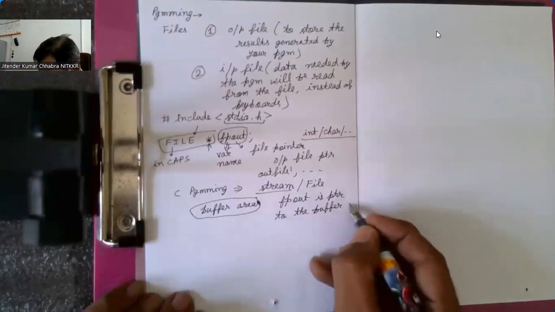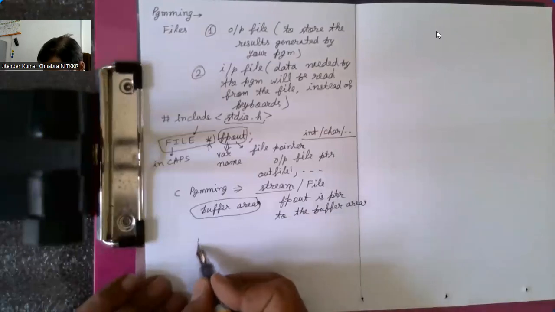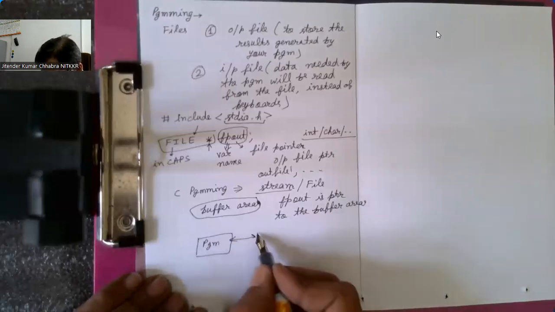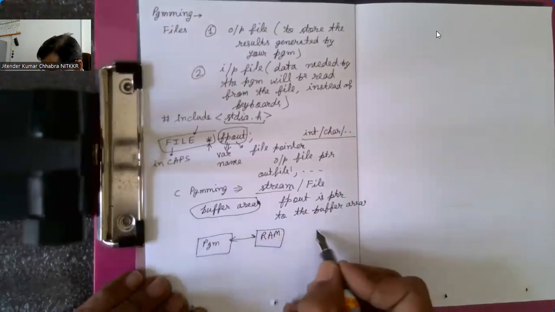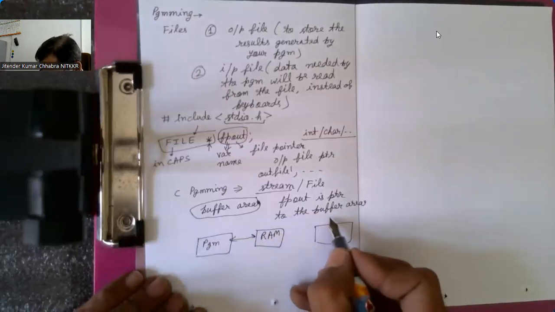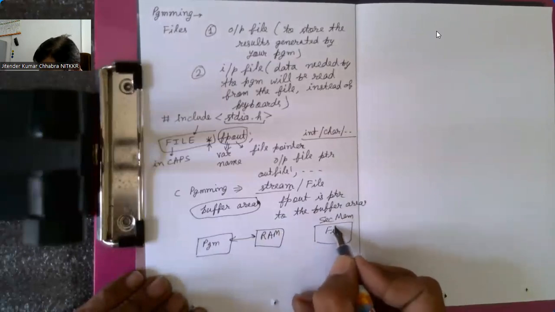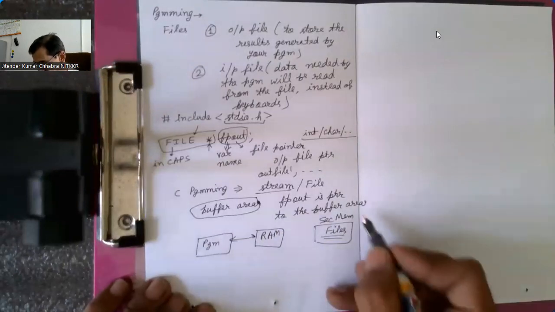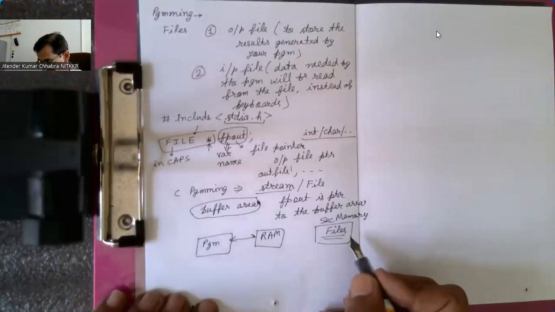And why is buffer area being discussed, although at your level, not much of a difference. But what I say is your program always works with the primary memory or the RAM only. But your files are always stored on the secondary memory. So any kind of file you are using will actually be in the secondary memory. Your program never works on secondary memory directly.